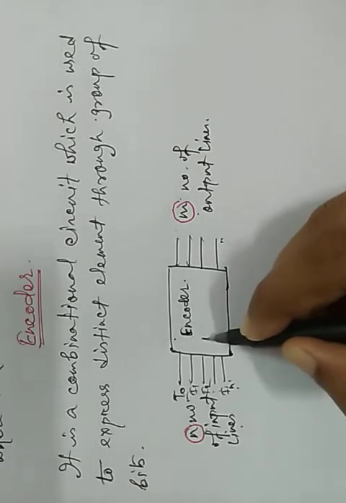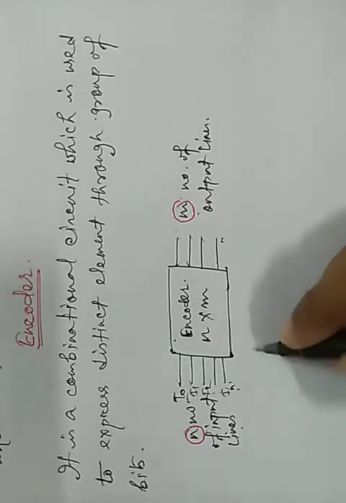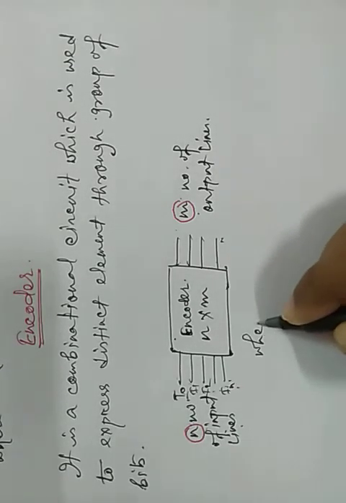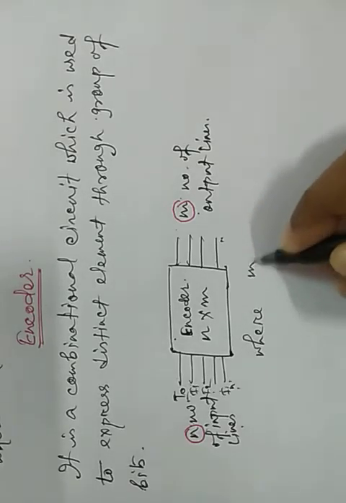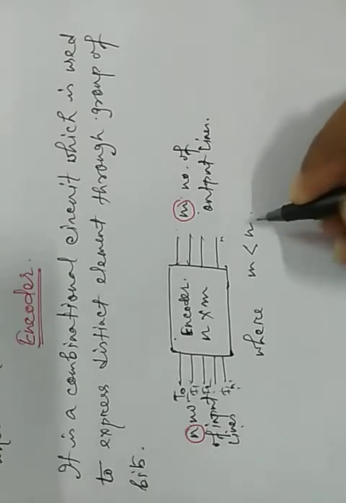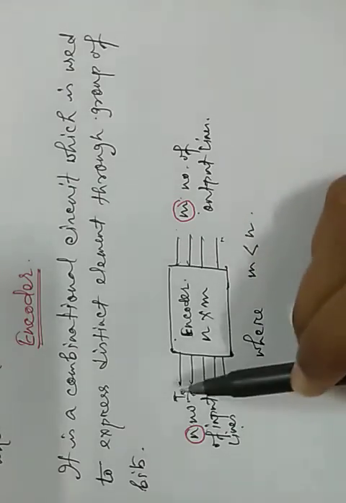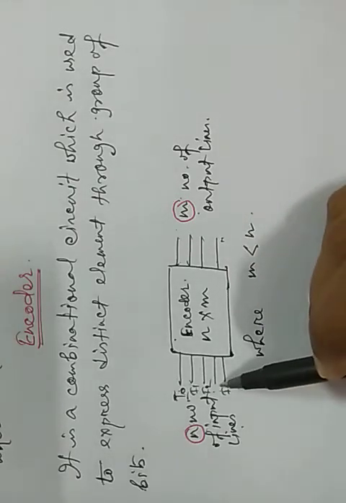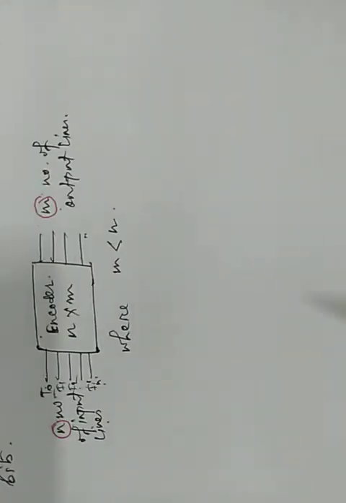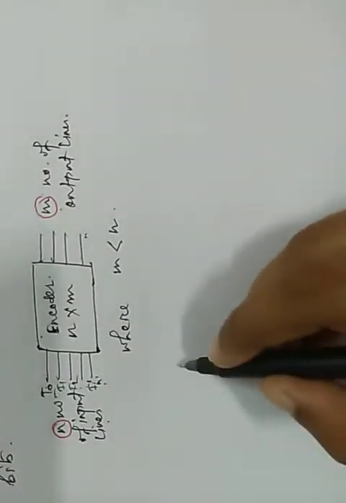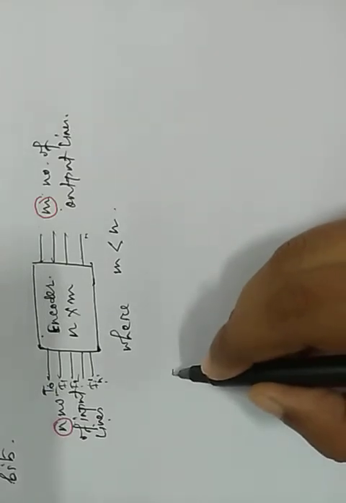Then it is known as an n into m encoder, where m is less than n. So obviously it is beneficial that fewer output lines are required to detect n input lines.